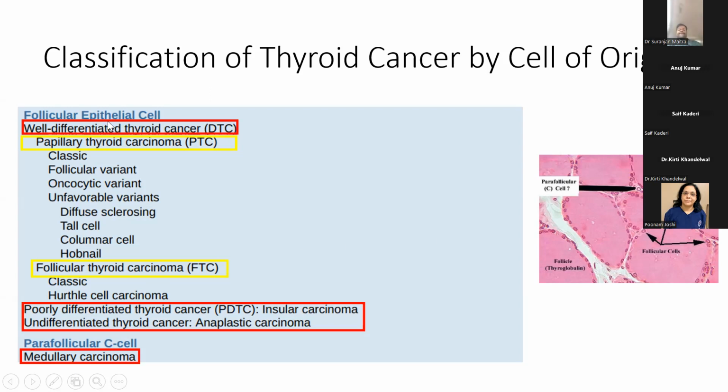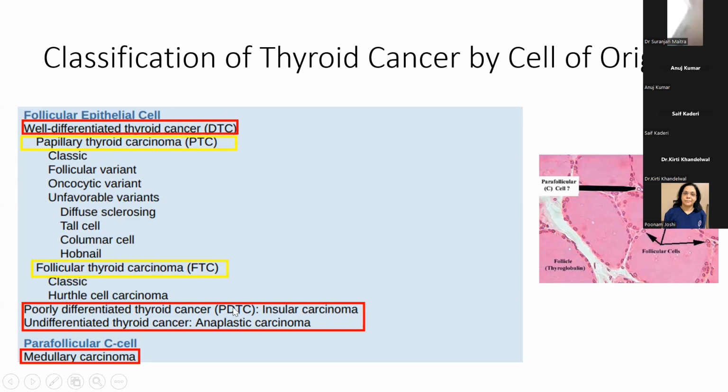So when we divide this, the follicular epithelial cell neoplasms are divided into well-differentiated, poorly differentiated, and undifferentiated cancers. In well-differentiated, we have the papillary thyroid cancer and its various variants that include the classic, follicular variant, oncocytic variant, and various unfavorable histologies that include diffuse sclerosing, tall cell, columnar cell, hobnail, etc. And the follicular cancer that has classic and Hürthle cell carcinoma.